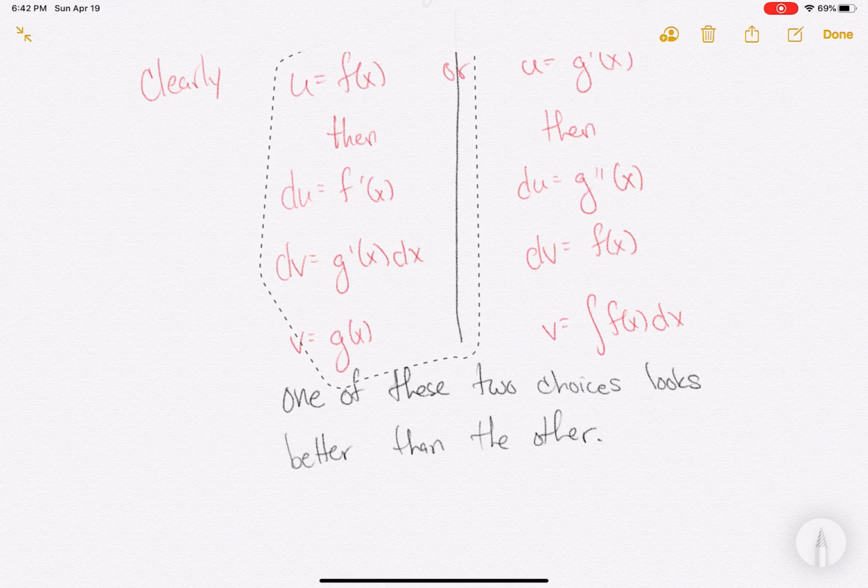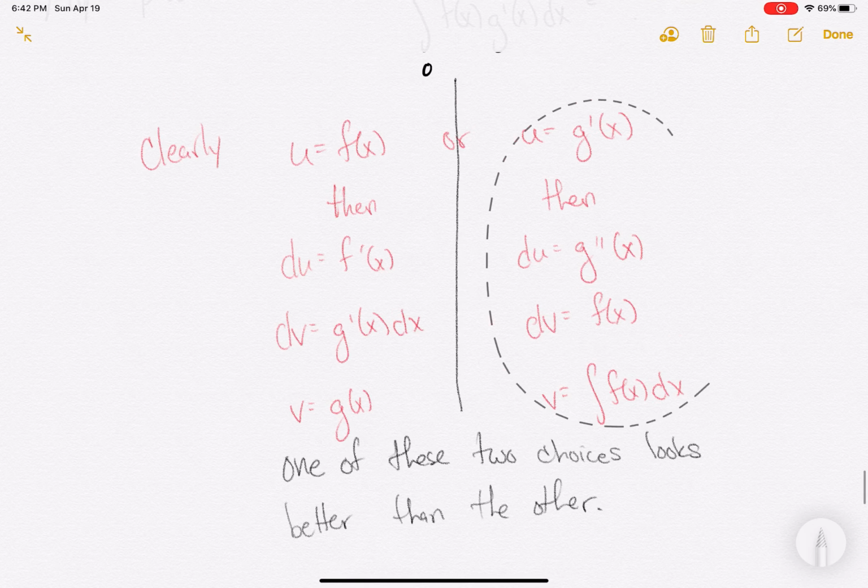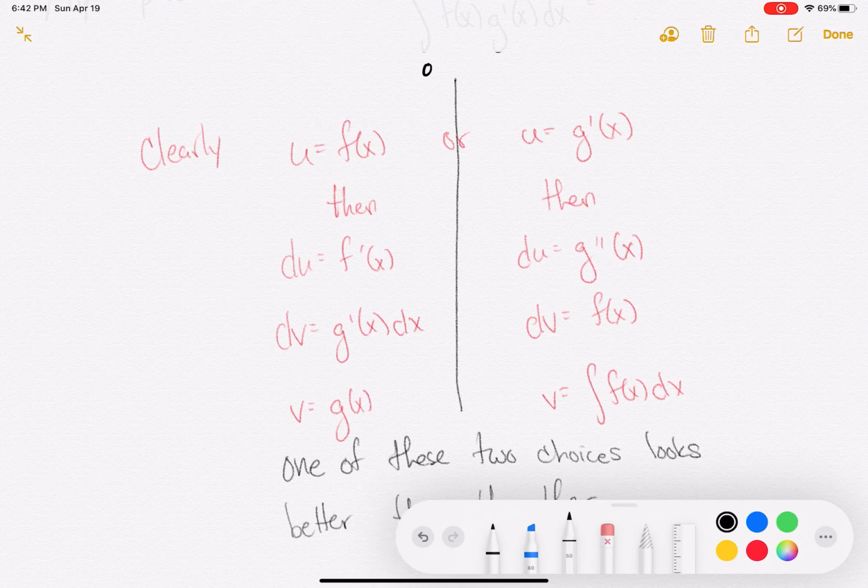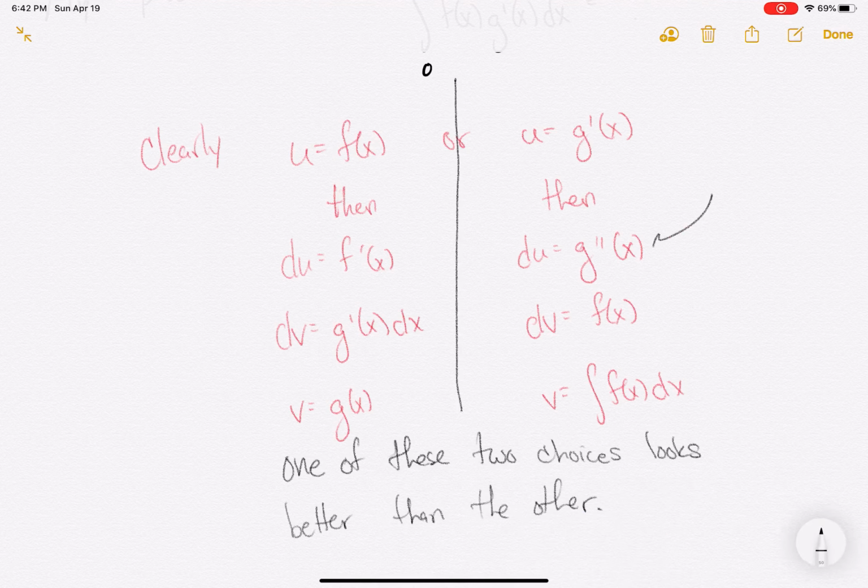Single prime, we just have f prime, g, and f. But in this other case, we have g and g double prime, and we have f and the antiderivative of f. And I don't think anybody wants to work with this g double prime because we're not given those values. So we don't want to work with these sorts of terms.